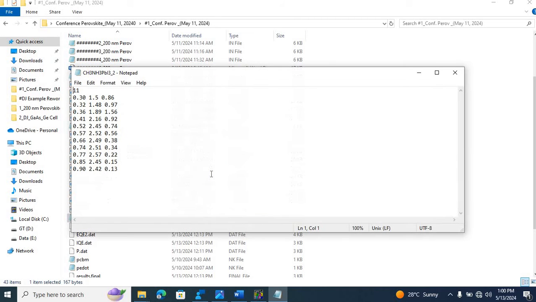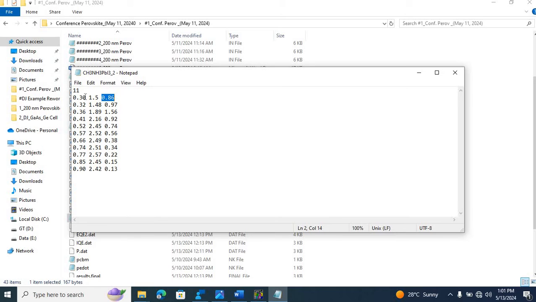When we open this file, we have 11 triplet entries. The first entry represents the wavelength, the second entry represents the refractive index, and the third entry represents the absorption coefficient. So we have these optical properties in the range of 0.3 to 0.9 micrometers for the methyl ammonium lead iodide material.